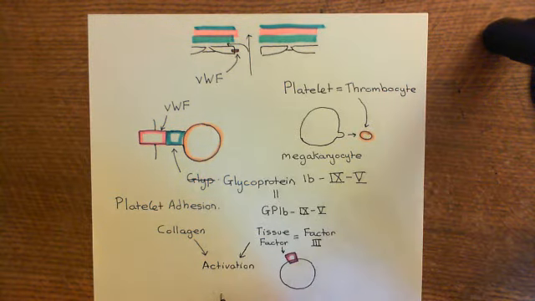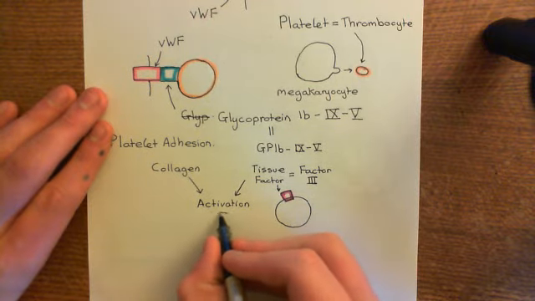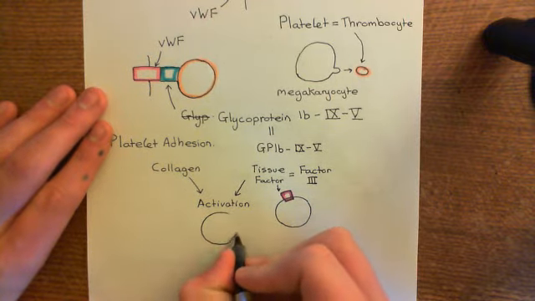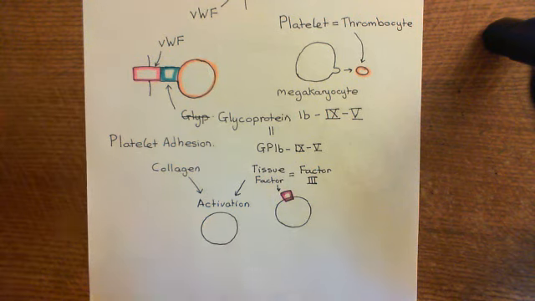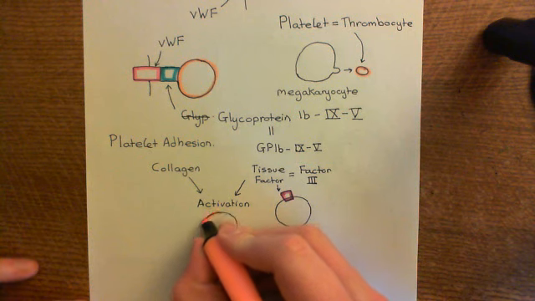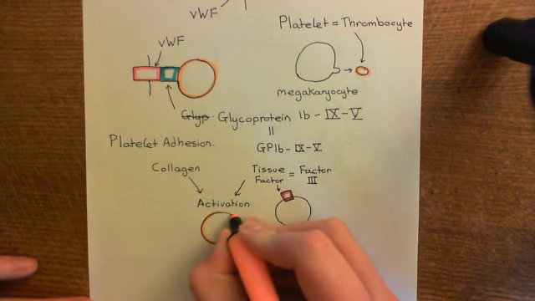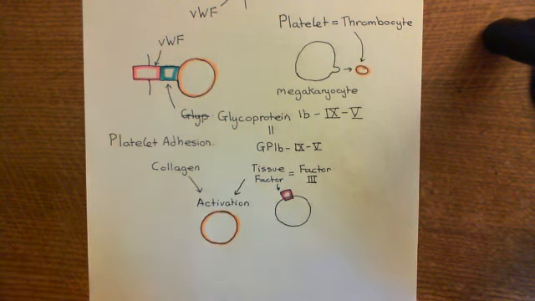Let's draw a platelet here and see what happens when the platelet is activated. Here's our platelet, and I'll highlight it in orange again. When a platelet is activated, it's going to start releasing a huge number of molecules, two of which we're going to look at.